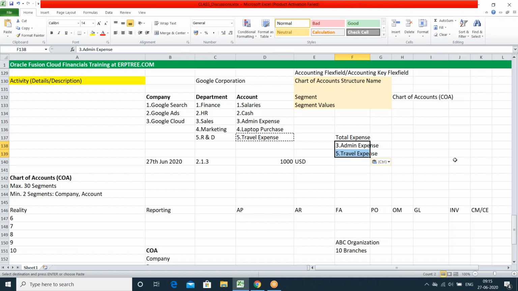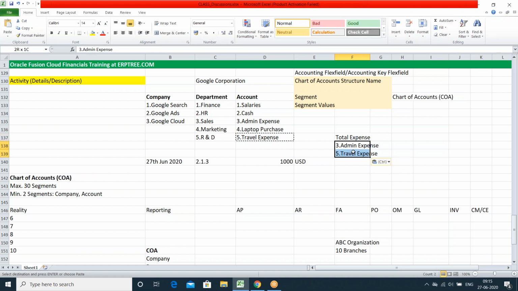Tomorrow, if you want to know how much admin expense you spent, you can select the admin expense account and check. If you want to check how much you spent on travel expense, you can select that. If you want to see the total expense irrespective of admin or travel, in that case you have to select admin and travel both, then only you can see. Instead of selecting both, if you have a parent account called total expense, and you select it, the system will display the amounts related to these two accounts under total expense.